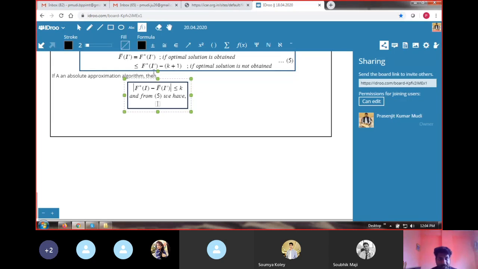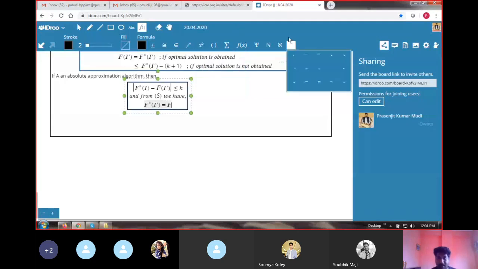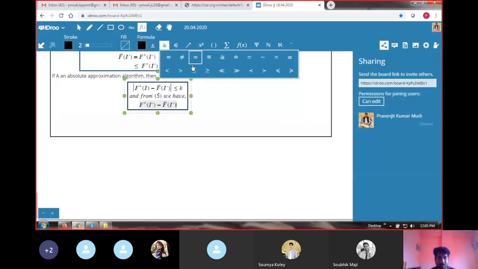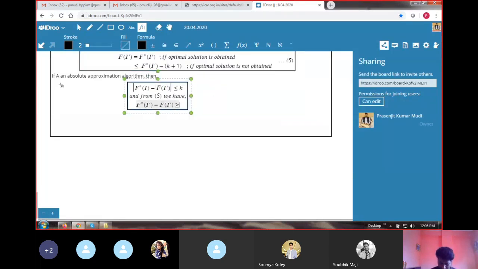So rearranging that inequality, we get f star I dash minus f bar I dash is greater than or equal to k plus 1.